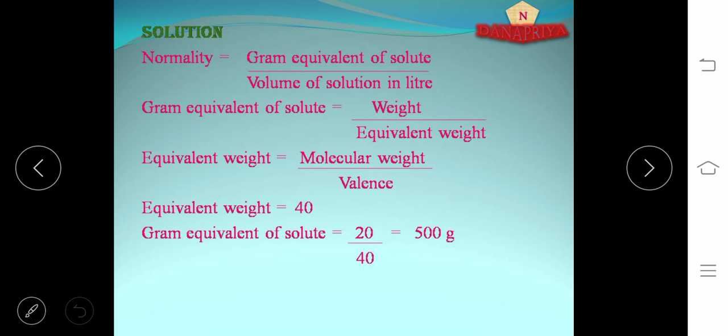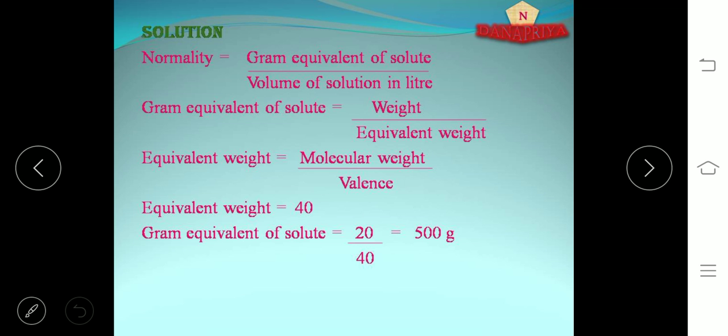Then we have to find the molecular weight for NaOH. For Na it is 23, O is 16 and H is 1. Calculate the value, you will get 40. Then the valency for NaOH is 1. So 40 by 1, so the equivalent weight is 40. Then after finding equivalent weight, find gram equivalent of solute.